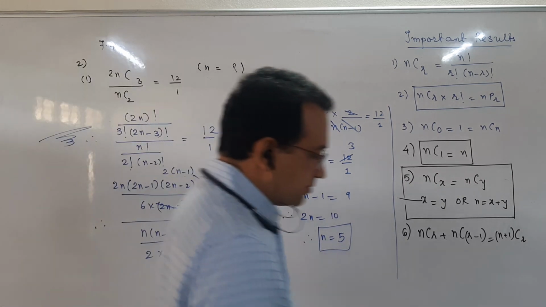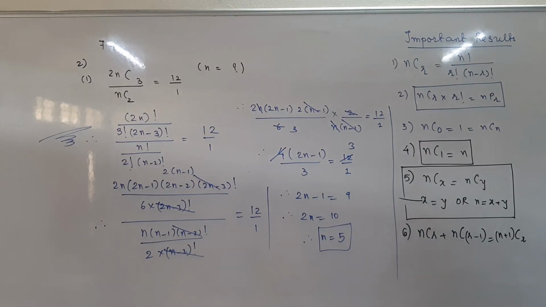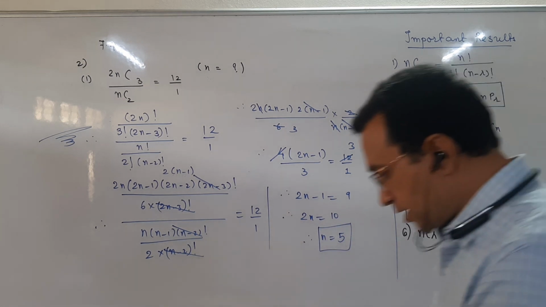The formula of nPr is n factorial divided by n minus r factorial. Then what is the definition of combination? The total random selections of r things out of given n things are called combinations of r things denoted by nCr. The formula for nCr is n factorial upon r factorial into n minus r factorial.